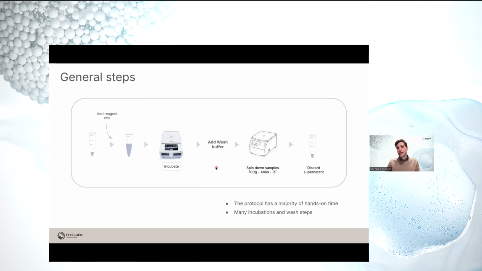You will then be adding washing buffer, performing centrifugation, discarding the supernatant, and starting again, either with more washes or by performing other incubations. So there are many incubation and washing steps, but the protocol is quite quick, as we will see in the next slide, and there is no specialized equipment required, so you will be able to do it in your own lab easily.